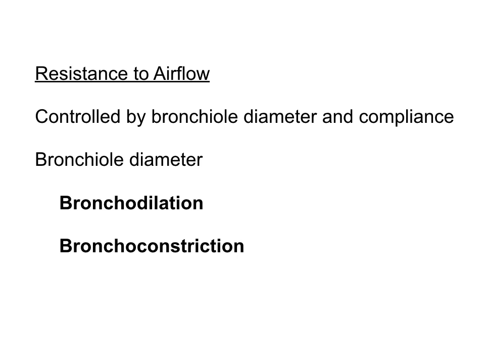So bronchodilation increases your diameter and decreases your resistance to airflow. Bronchoconstriction, on the other hand, results when the smooth muscle in the wall contracts. The contraction of the smooth muscle decreases the diameter of the bronchiole, which increases your resistance to airflow.